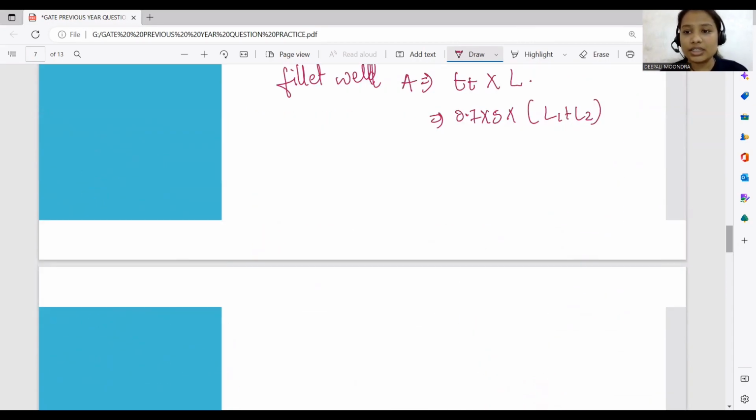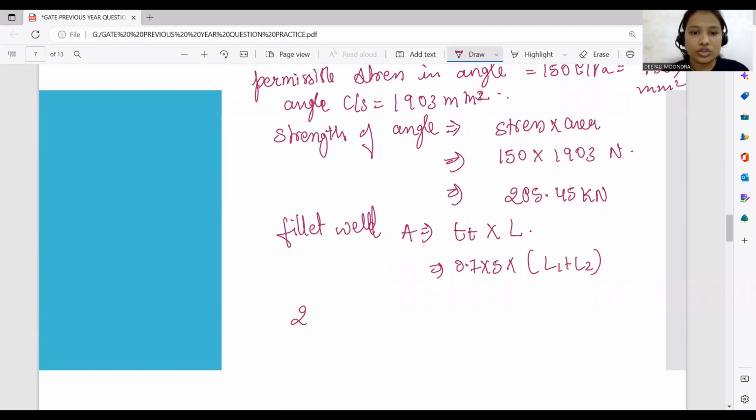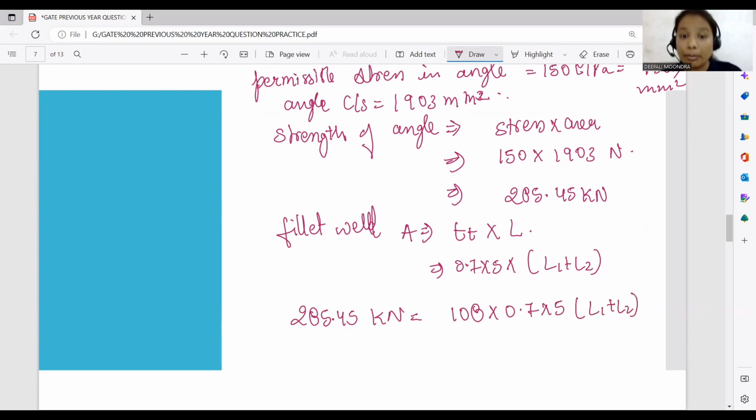So the strength, 285.45 kilonewton, is actually 108 into 0.7 into 5 into L1 plus L2. But now you need to understand the dimensions and units very well. This is in kilonewton and this will give me Newton, so it is multiplied by 10 to the power 3. And this is in mm, so 10 to the power minus 3.